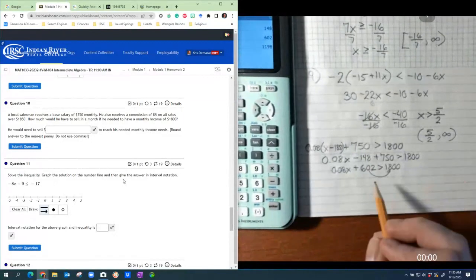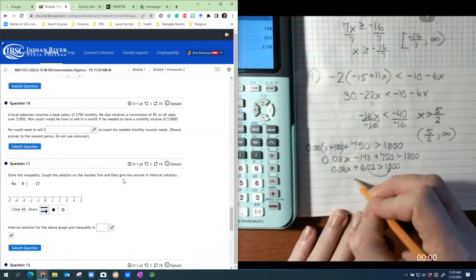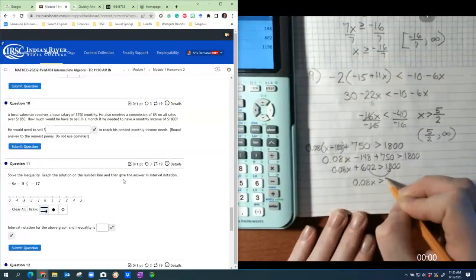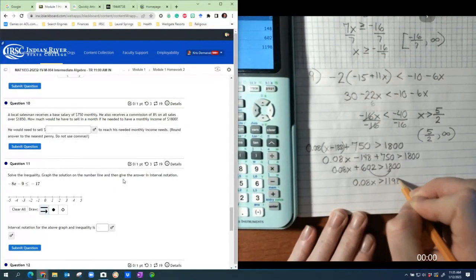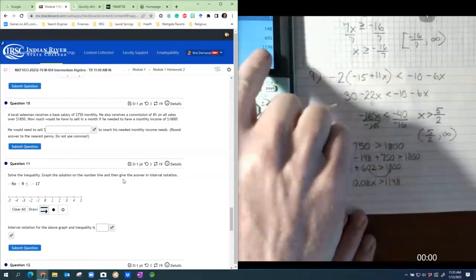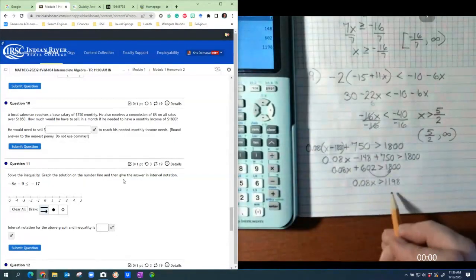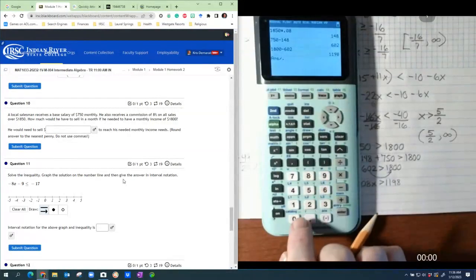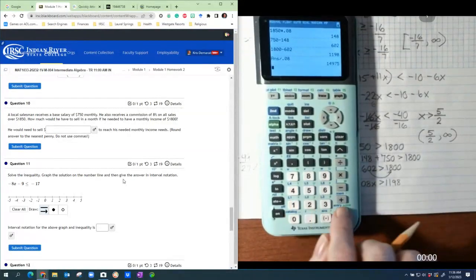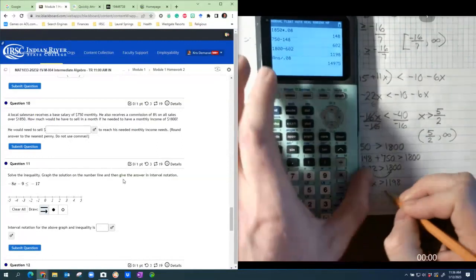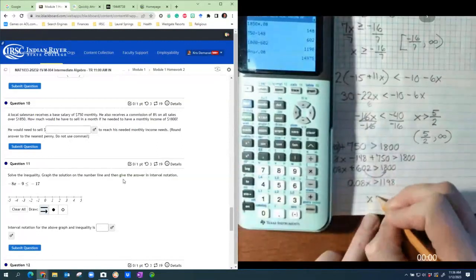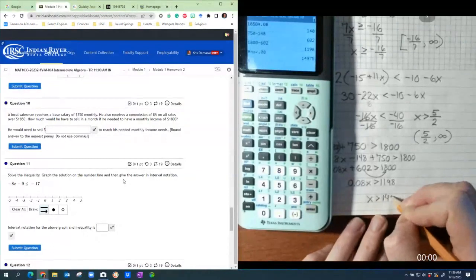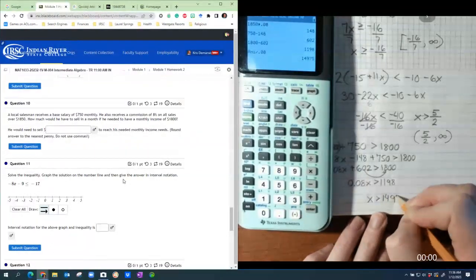Then we divide that value by the 0.08. So his sales would have to be greater than 1,000, no, excuse me, 14,975.